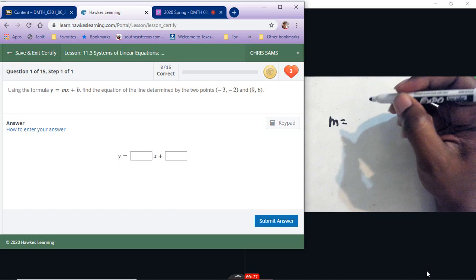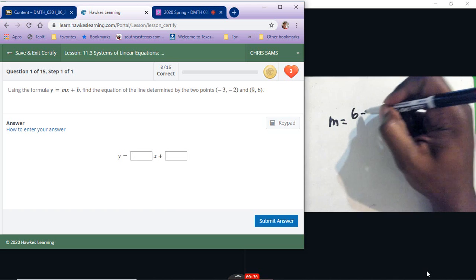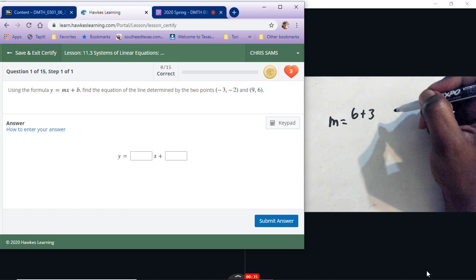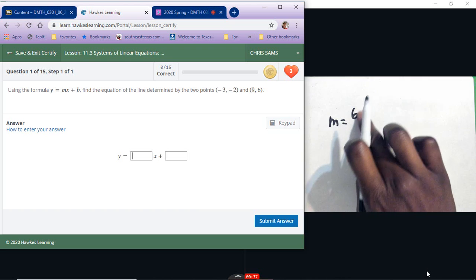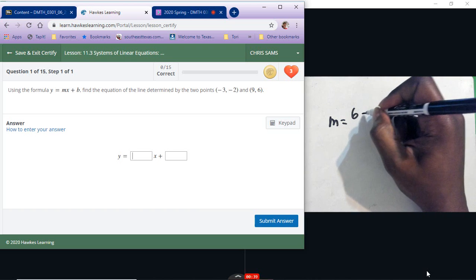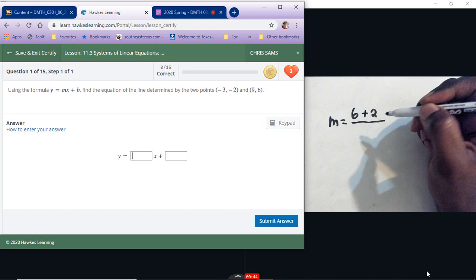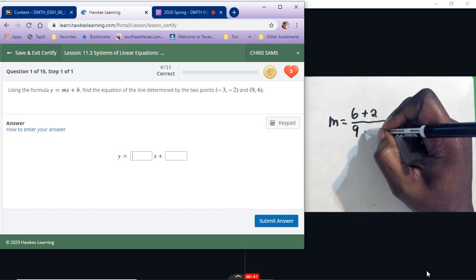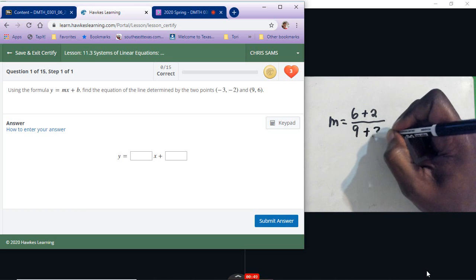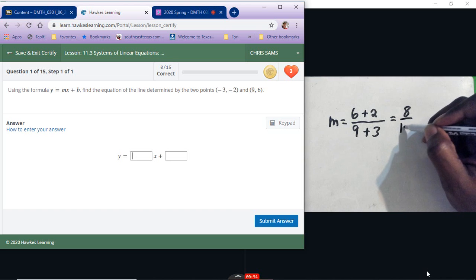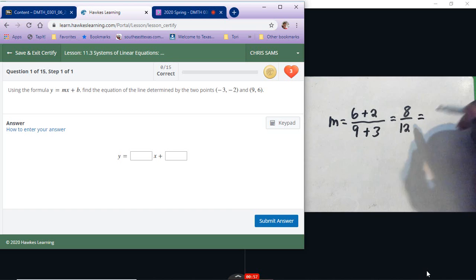So y2, which will be 6 minus y1, negative 6 or negative 3, so you end up adding 6, no, I'm sorry, that would be 6 minus a negative 2, so you'll end up adding 2, the 2 y values, and then the x values, 9 minus a negative 3, so you end up adding 3, and we get 8 over 12, and this reduces to divide both by 4 and you get 2 over 3.